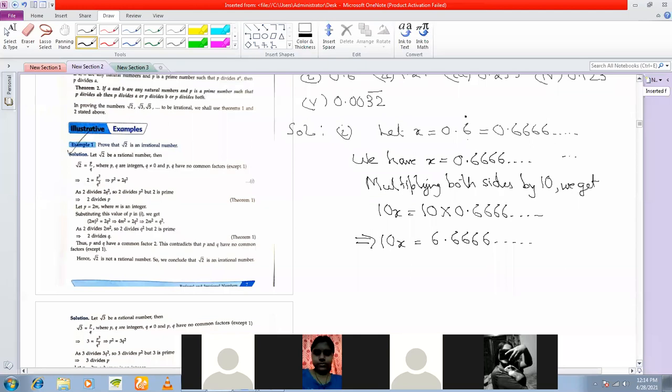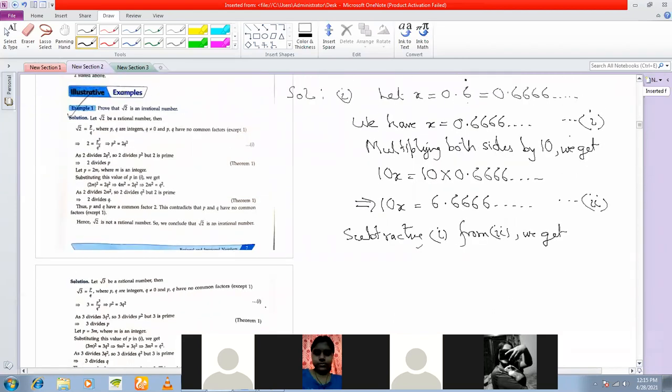Let us call this equation number 1, when we assumed x is equal to 0.66, and let us call this equation number 2. Now we are going to subtract equation 1 from equation 2.